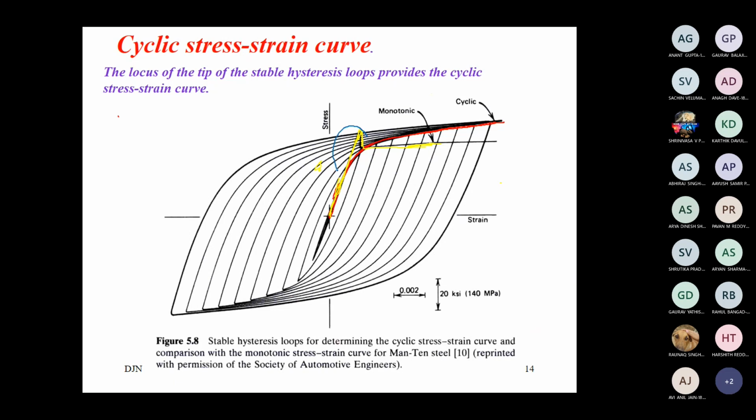In this particular region, the red color line is much below. So in this particular region, under cyclic load, the material is showing softening behavior. And once yielded, you can see under cyclic load, material strength goes on increasing because of the cyclic hardening.